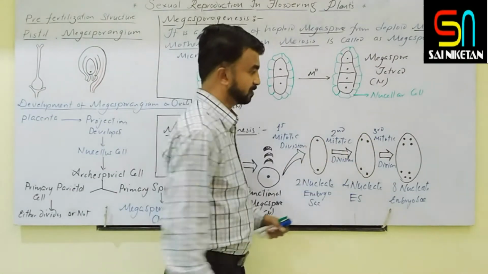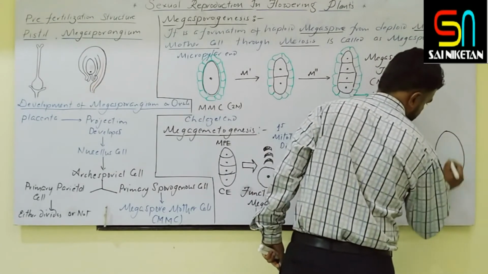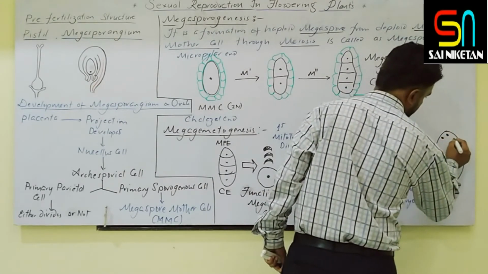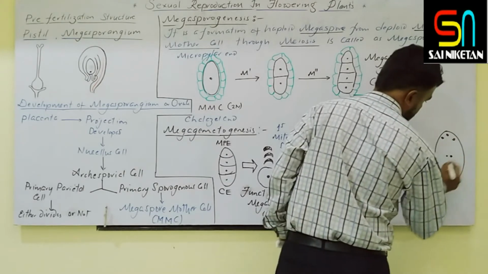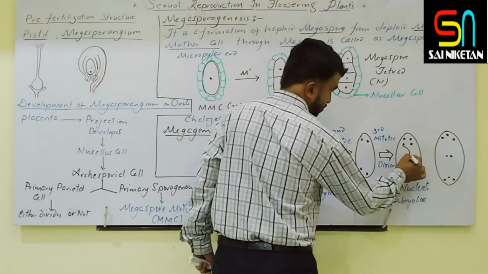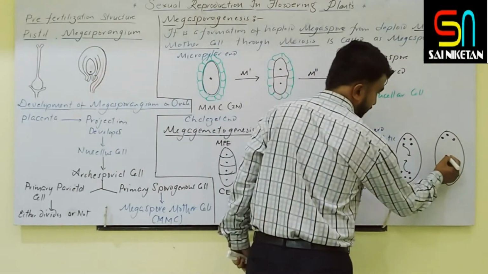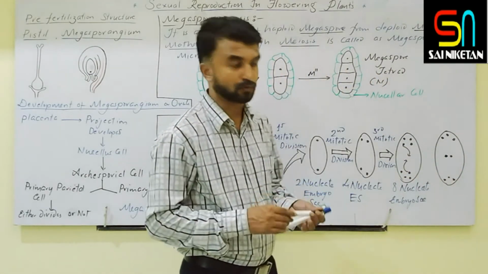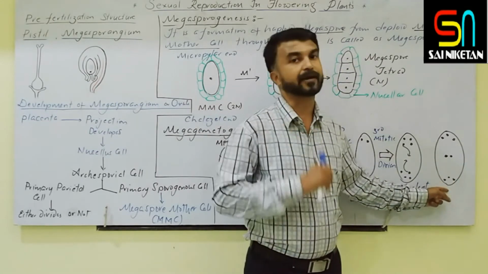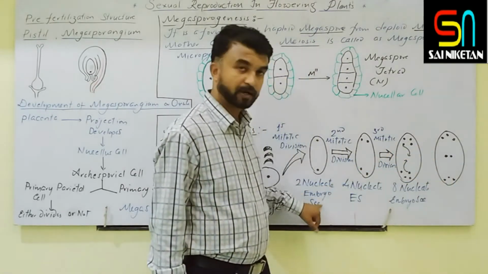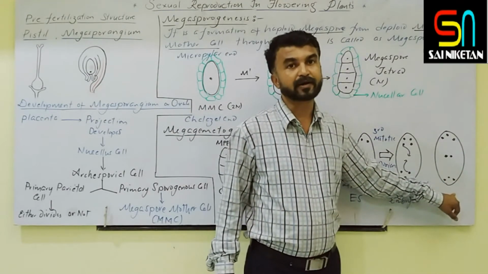After 3 mitotic divisions, one nucleus from each pole migrates toward the center, so 2 nuclei come toward the center. Rearrangement of nuclei takes place. After that, the cell wall is laid down. This is a 2 nucleate embryo sac, 4 nucleate embryo sac, 8 nucleate embryo sac.